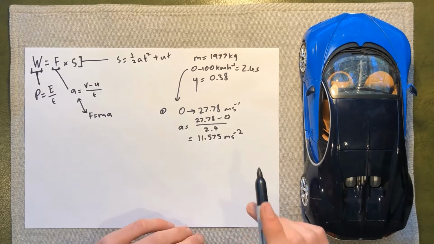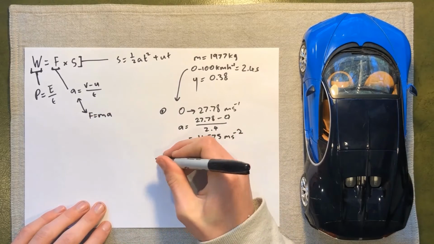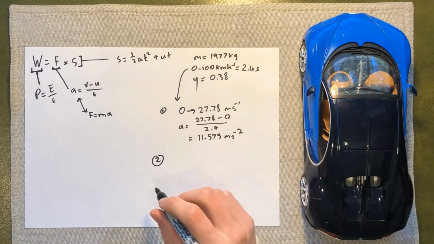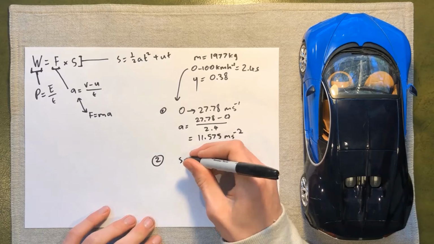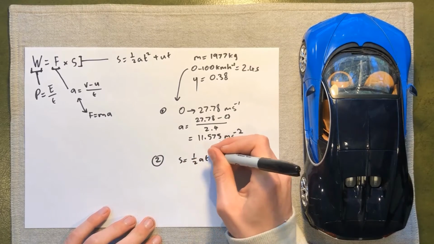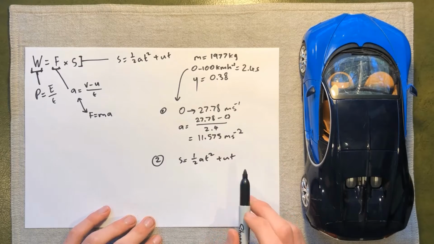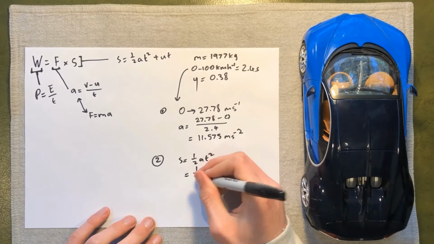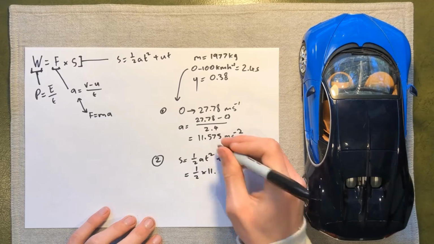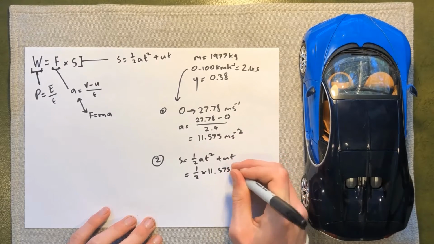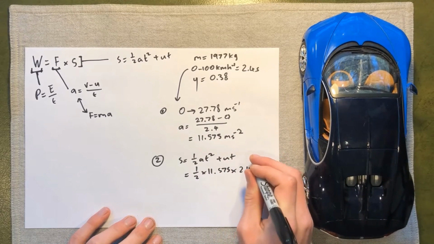Okay, second step. We're going to be looking at the displacement of the car over this time using S equals half AT squared plus UT. This is just going to cancel out because initial speed is 0. So we're going to get half multiplied by 11.575 multiplied by 2.4 squared.